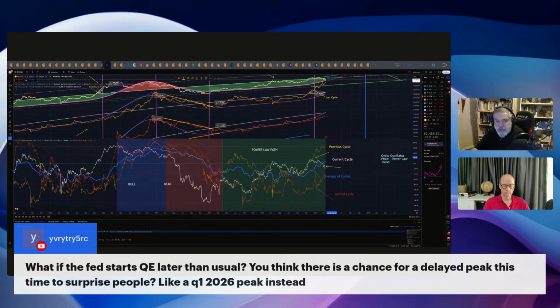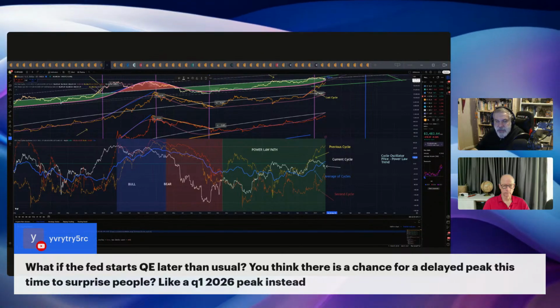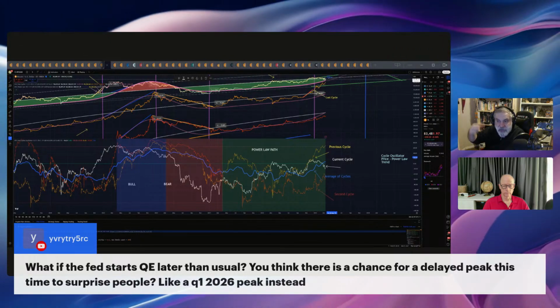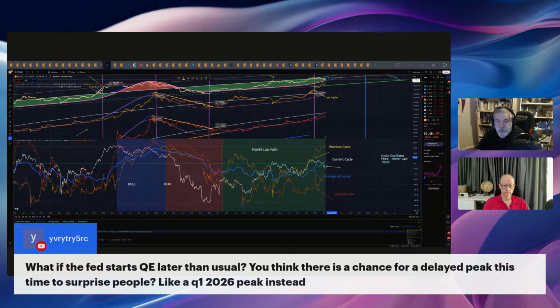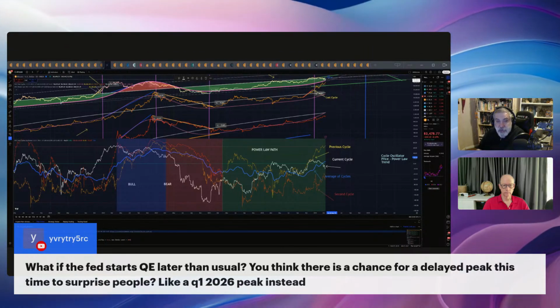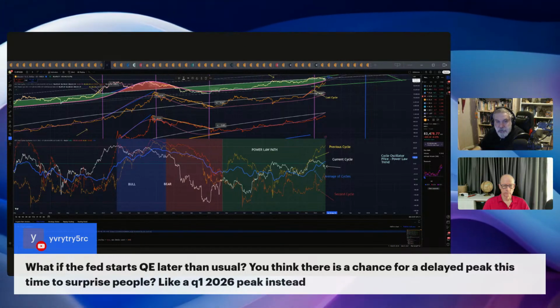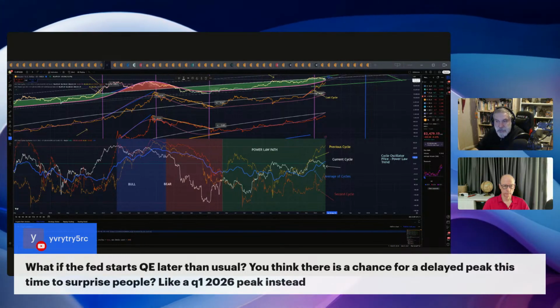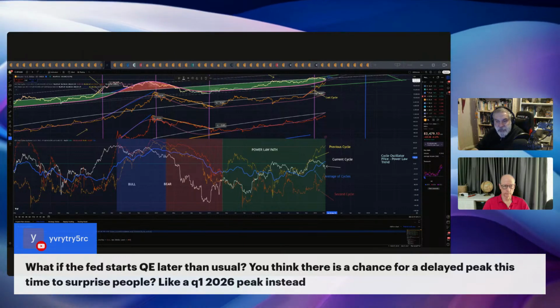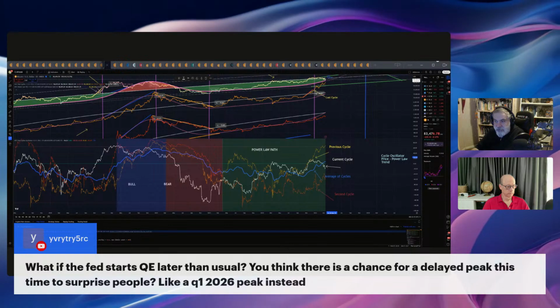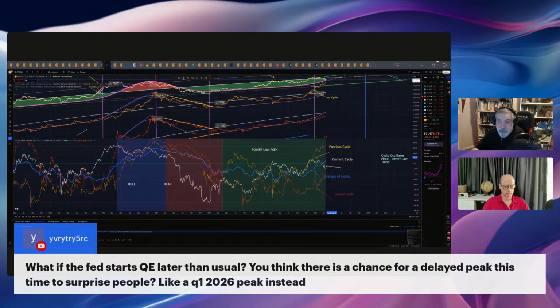We never had a peak that went beyond Q4 of that year where we were supposed to have a bull run. Now, does it mean that it will never happen? No, but we had 3 different bubbles, and it never happened before. So it will be different if we have a peak in Q1 26. But it's not impossible.